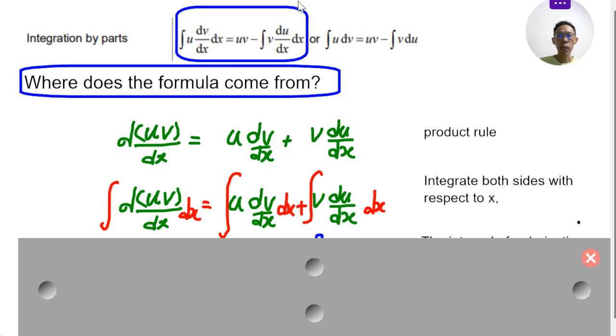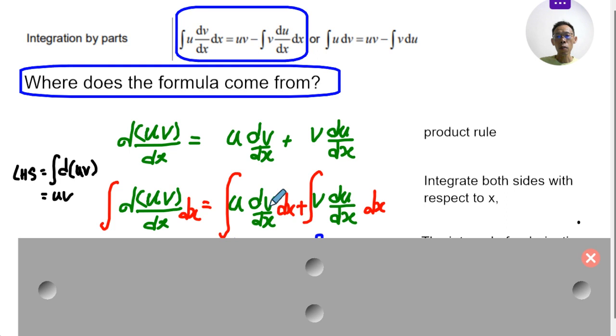If we do that, then on our left-hand side, the dx and dx we can treat like a fraction and they cancel out. So I have the integration of d of the product, and the reverse process of this will give me just uv, the product itself.